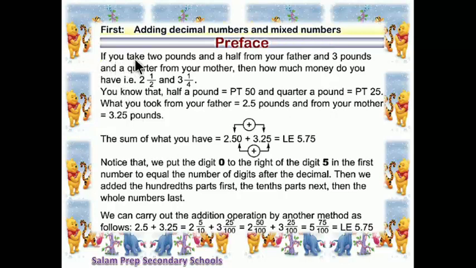If you take 2 pounds and a half from your father and 3 pounds and a quarter from your mother, then how much money do you have? 2 and a half and 3 and a quarter.